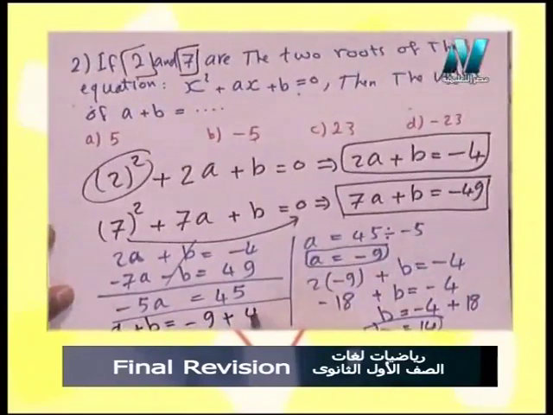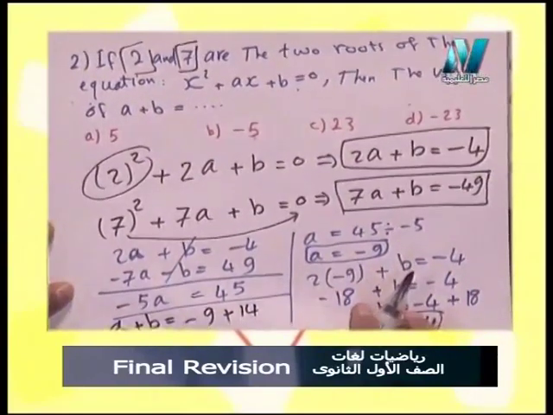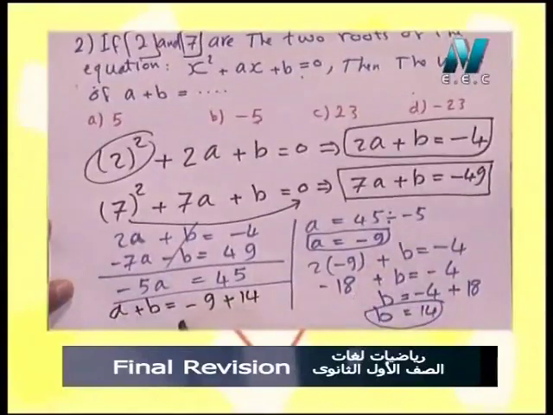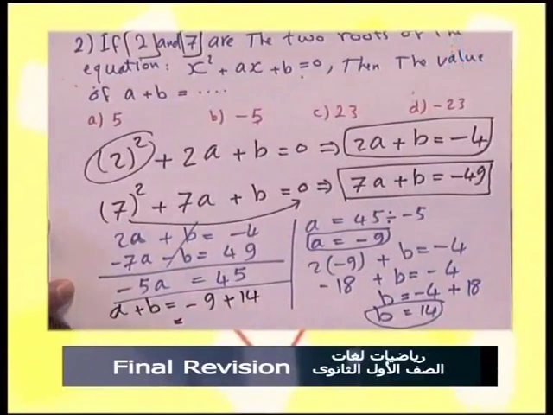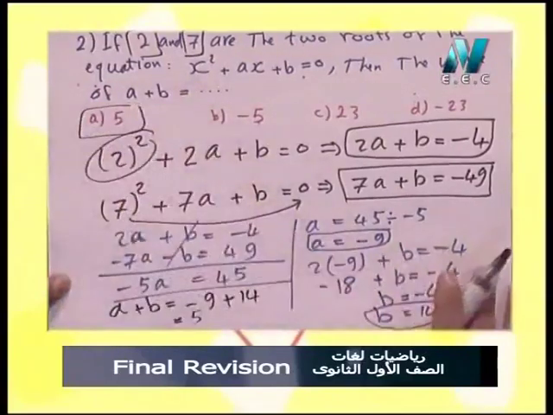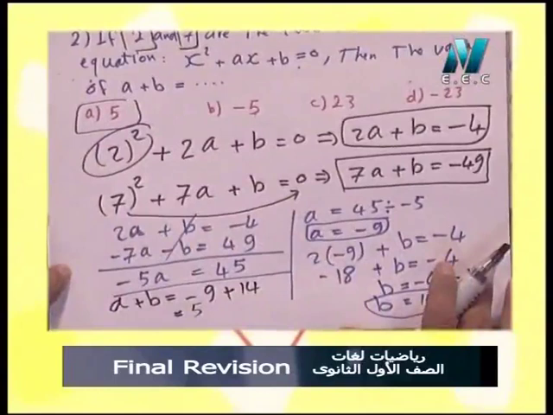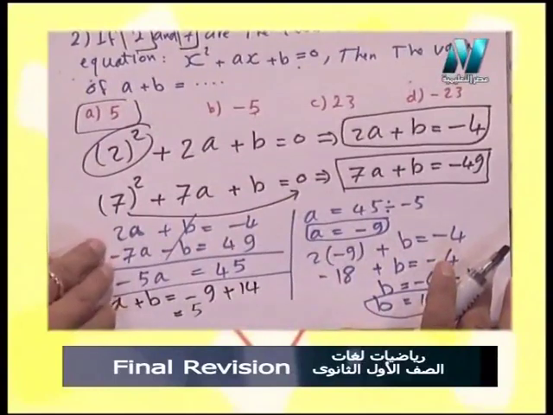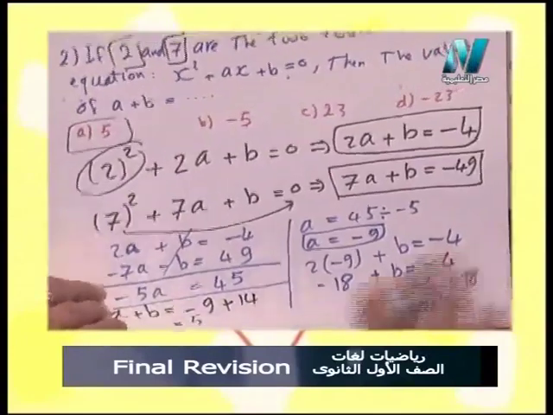Okay. So negative 9 plus 14 equals 5. So a plus b equals 5. So we choose the positive 5 for us. Okay. Let's transfer to another question.